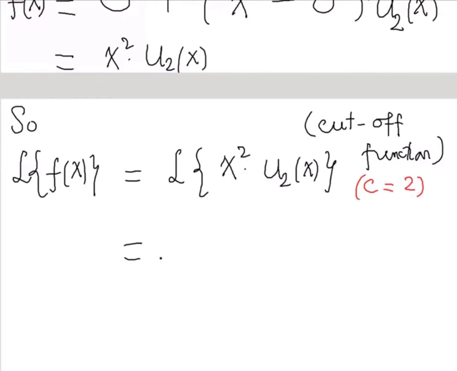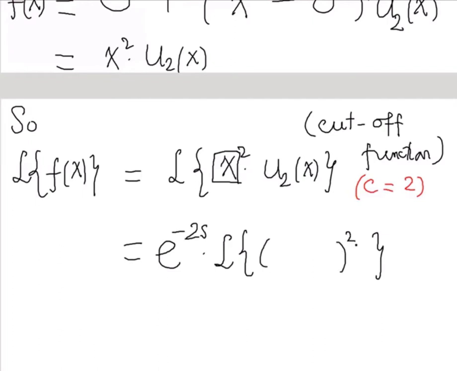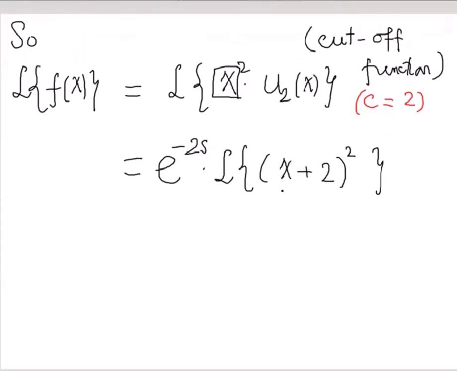So the formula says we have e to the minus cs, so e to the minus 2s, times Laplace transform of a new function. The original function is x squared. So the new function will be x plus c squared, meaning x plus 2 squared. So you need to be very careful when writing down the shift of the function, shift to the left.